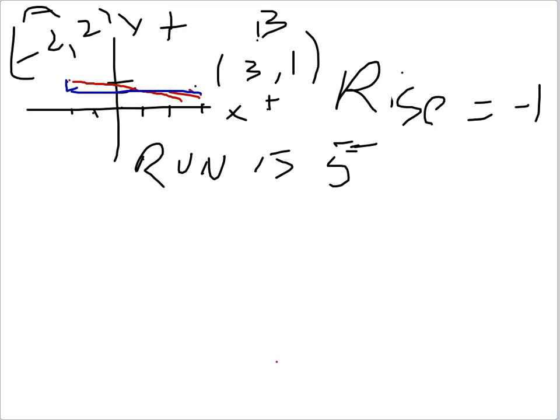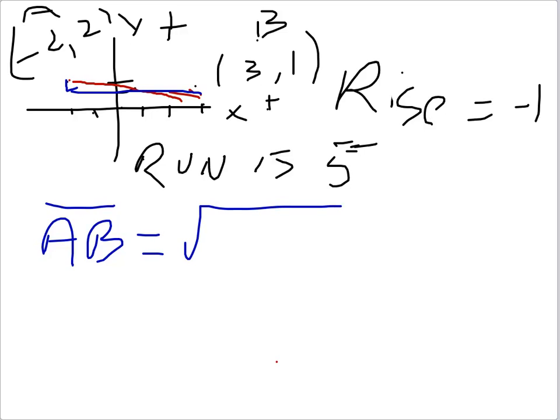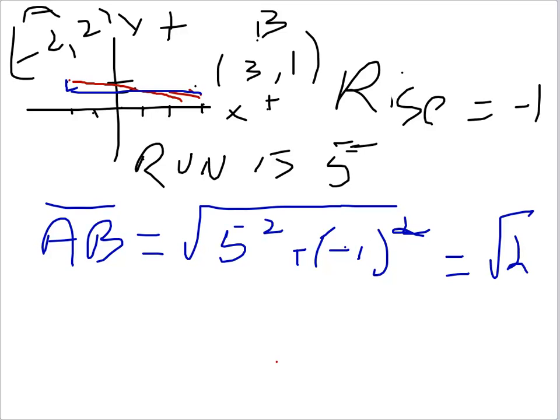So the hypotenuse of that right triangle, which would be the measure of segment AB, is going to be the run squared, 5 squared, plus the rise squared, negative 1 squared, and 25 plus 1 would be the square root of 26.